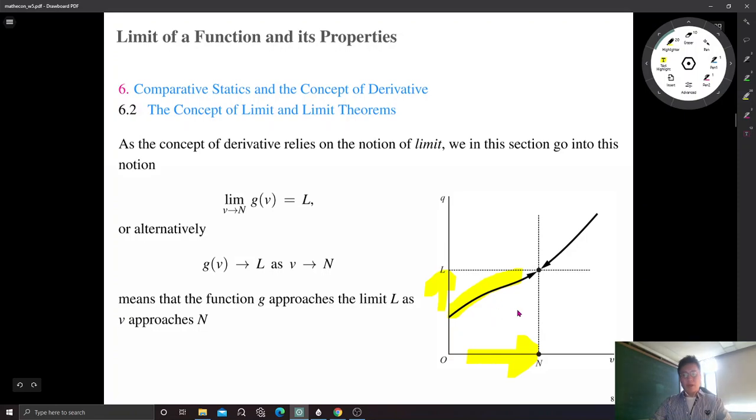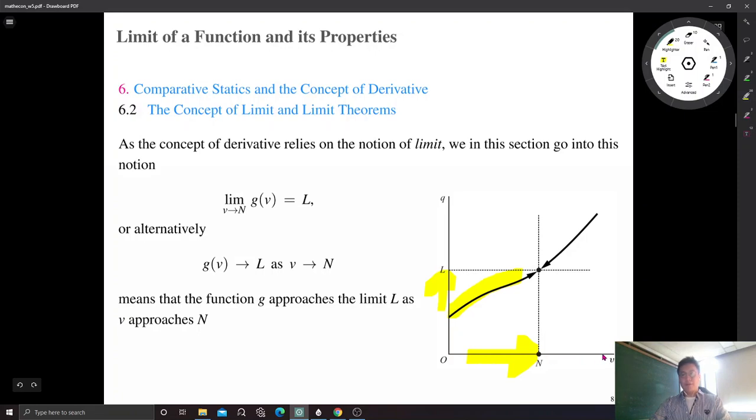So if we take a look at the diagram again, you may be able to notice that there are two ways to approach number n. So we may let v gradually increase to number n, so to get to this point number n. So v is approaching number n from the left. Or we gradually decrease the value of v to number n.